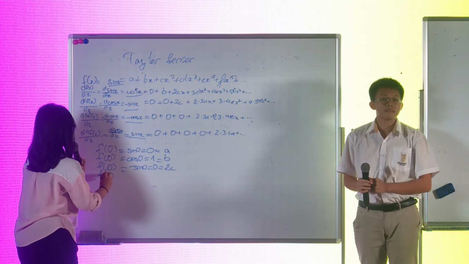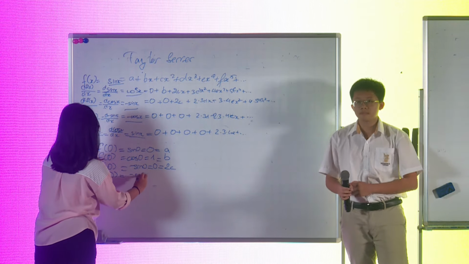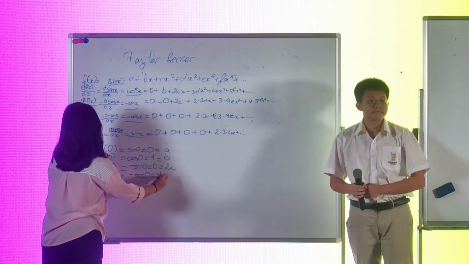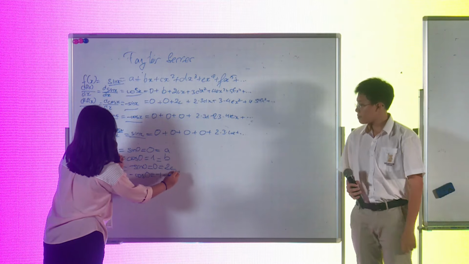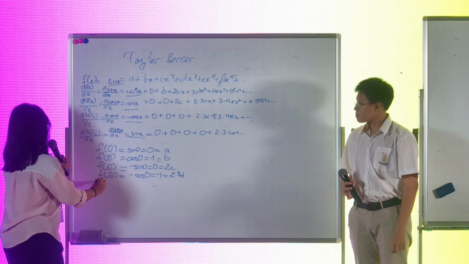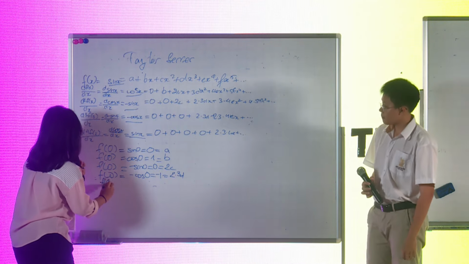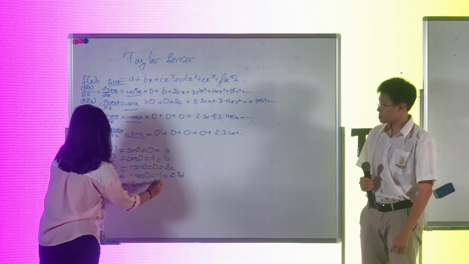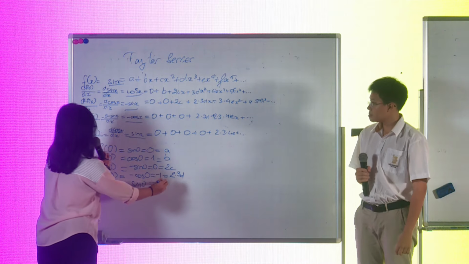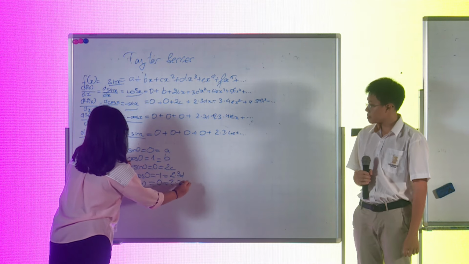F(0) equal to minus cosine of 0, which is now equal to minus 1, which is now equal to 2 times 3d. And then f(0) equal to sine of 0, which is now equal to 0, which is equal to 2 times 3 times 4e.